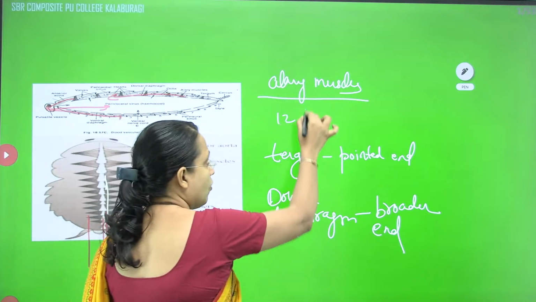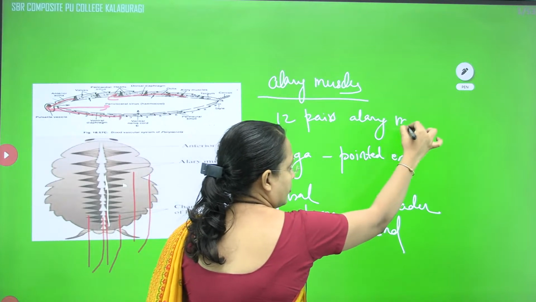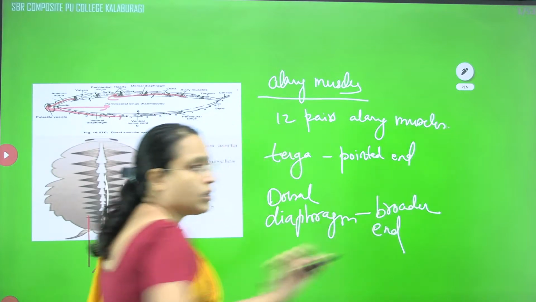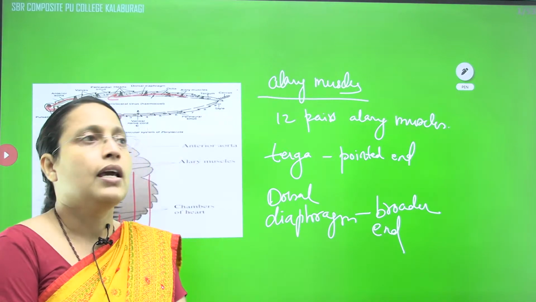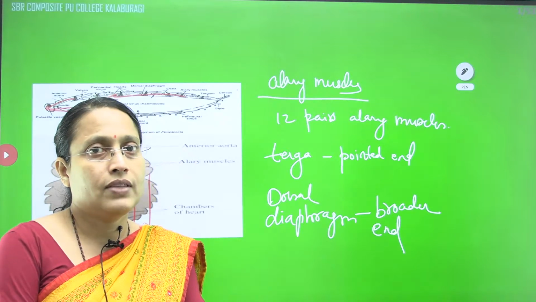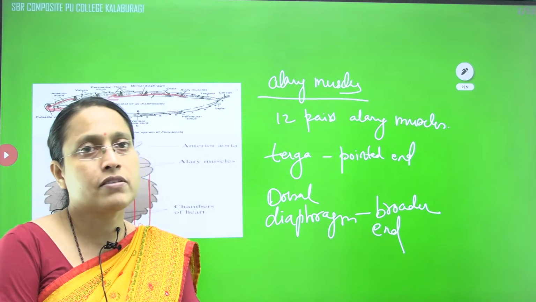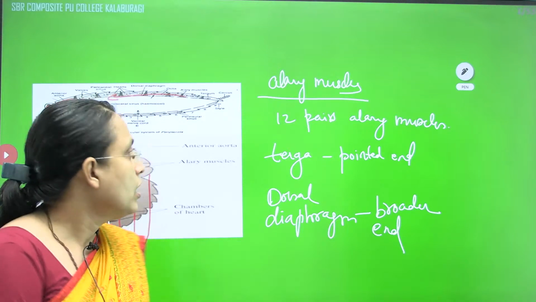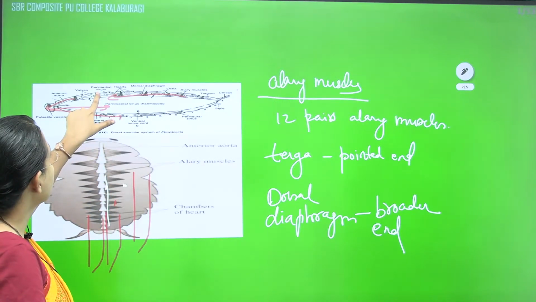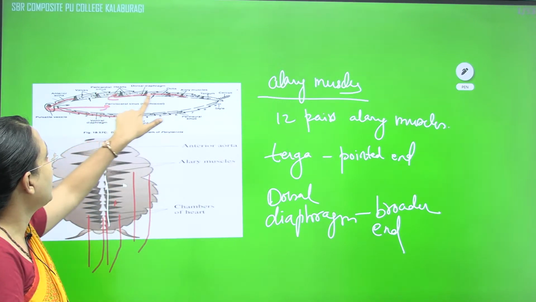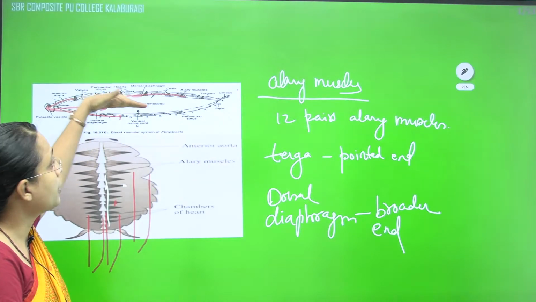There are 12 pairs of alary muscles. These 12 pairs of alary muscles contract and cause a change in the volume of these sinuses. As a result, the volume and pressure changes drive the fluid in a particular direction. So when the alary muscles contract, the dorsal diaphragm is going to become more flat.